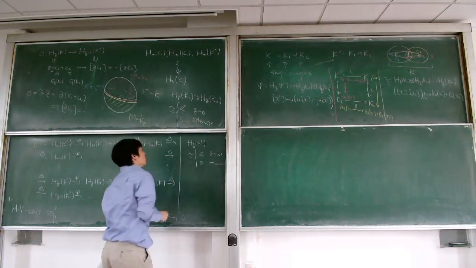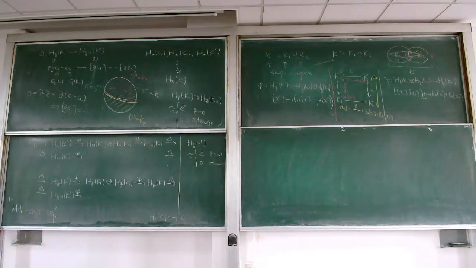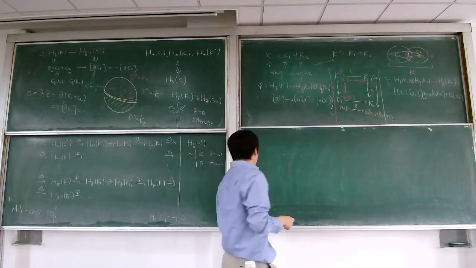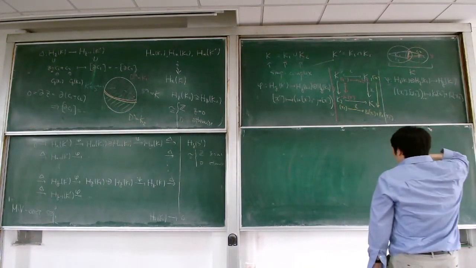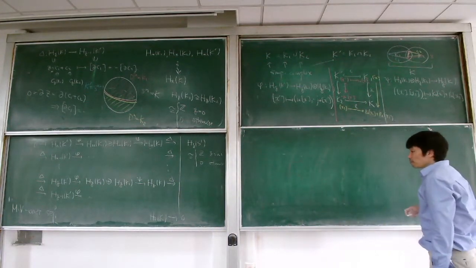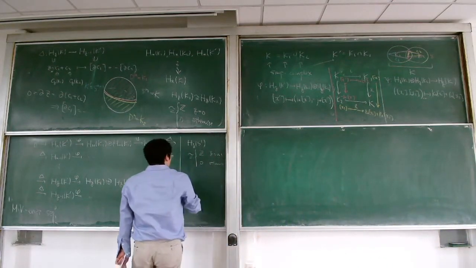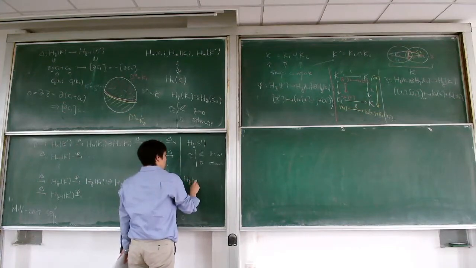So let's apply this configuration to the Mayer-Vietoris sequence. First we want to compute what is the Hq of S2.